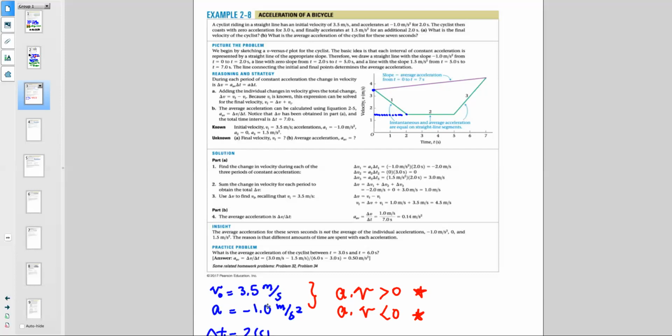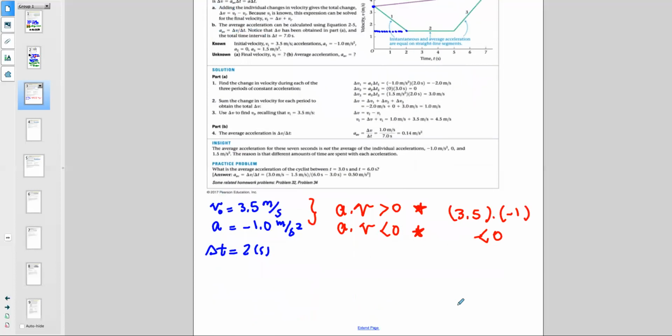If I multiply them, I get 3.5 times -1, which is a negative number, meaning it will slow down. And that's exactly what's happening. The velocity started off big and drops down, because at this point the velocity is between 1 and 2.